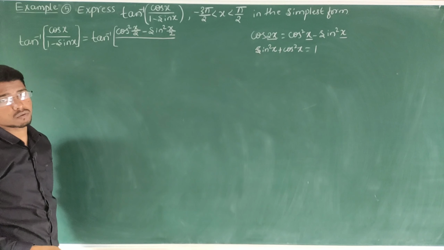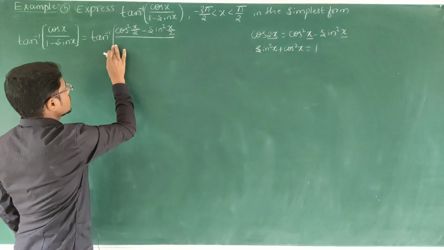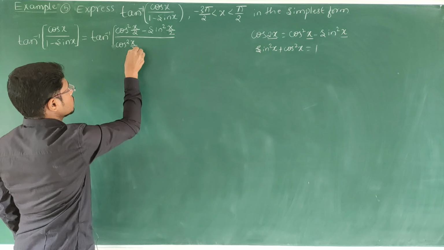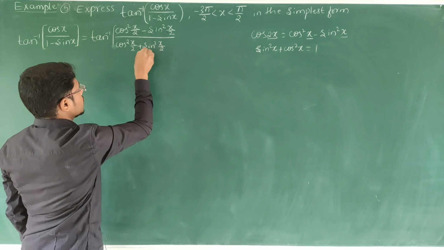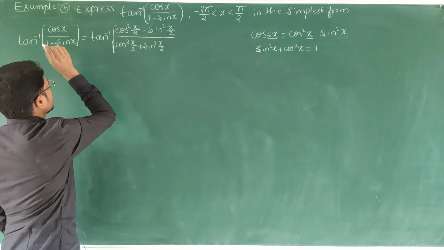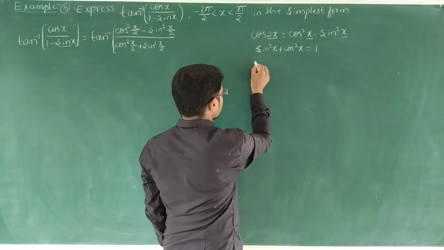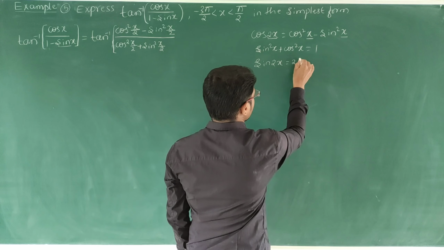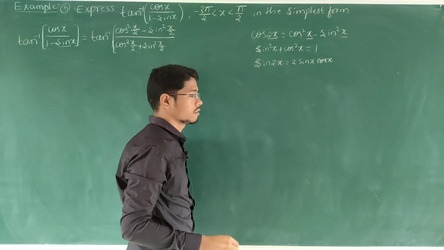So here I wrote x by 2 in the numerator, so here also I will use the angle x by 2, that is cos square x by 2 plus sin square x by 2 is equal to 1. Sin 2x is equal to 2 sin x into cos x, right?